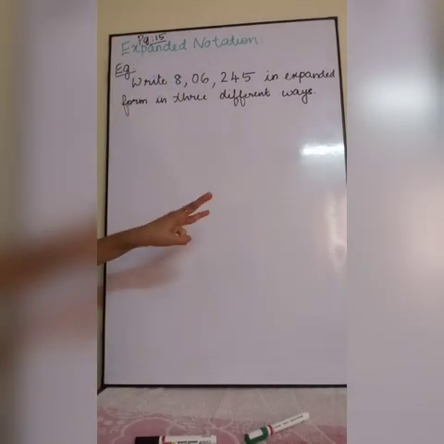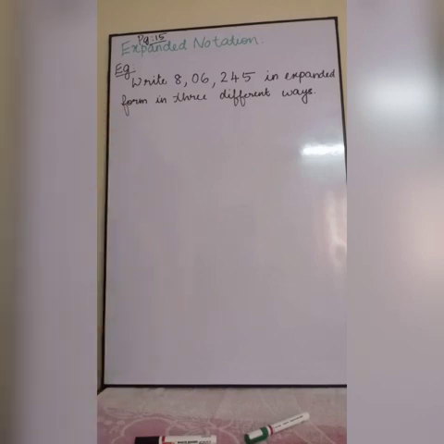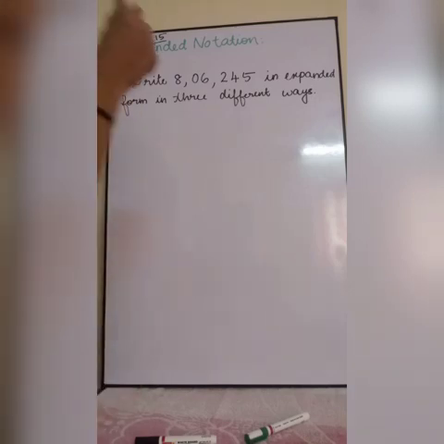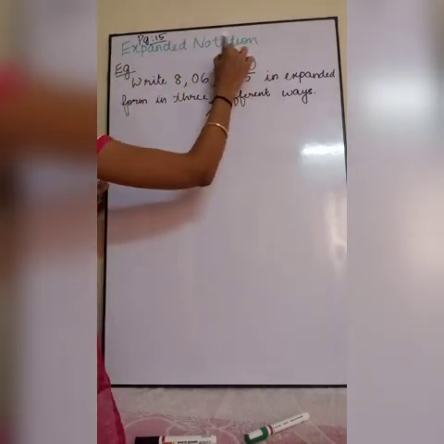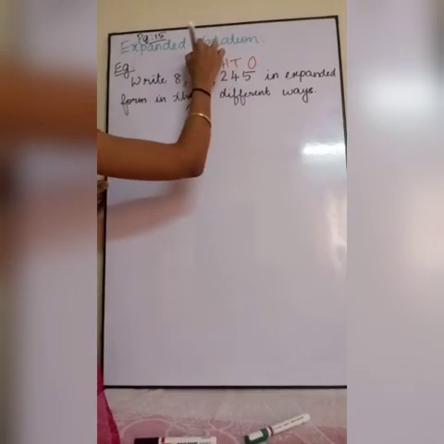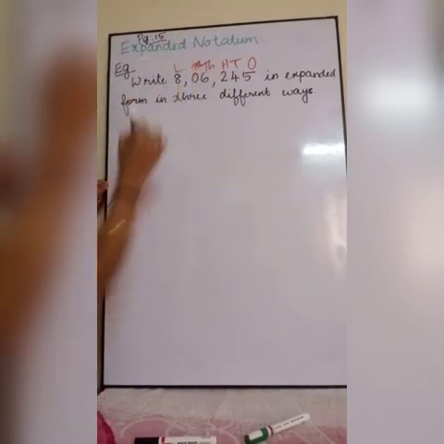We have to write it in expanded form in 3 different ways, which means 3 methods you have to use. Okay, now what I told you, the first method is you have to write the place value for all the numbers: ones, tens, hundreds, thousands, 10,000s, lakh.